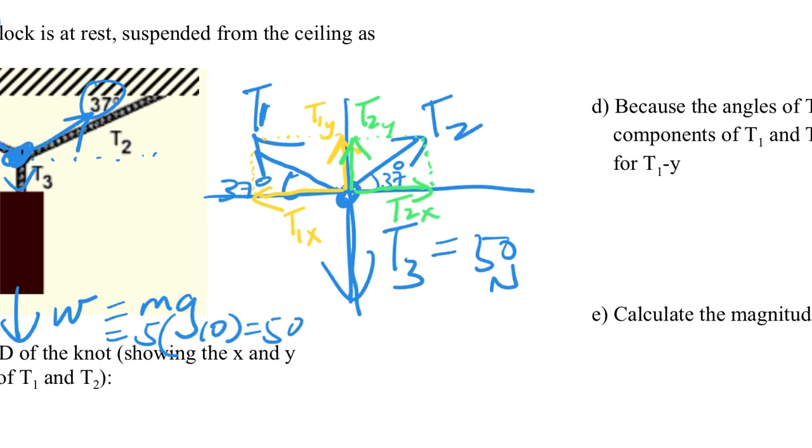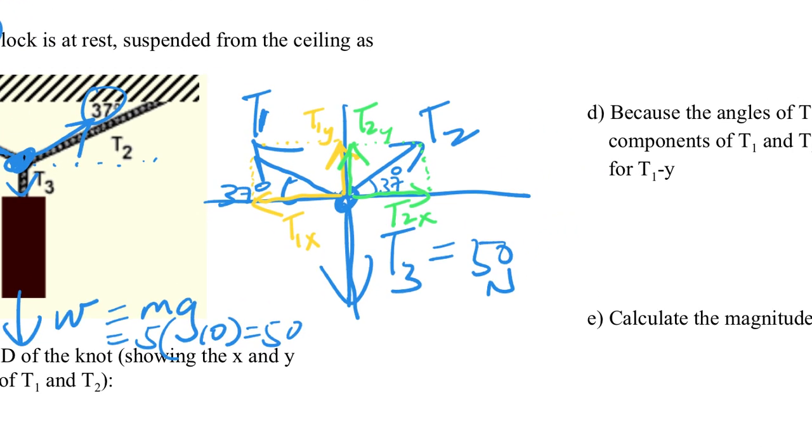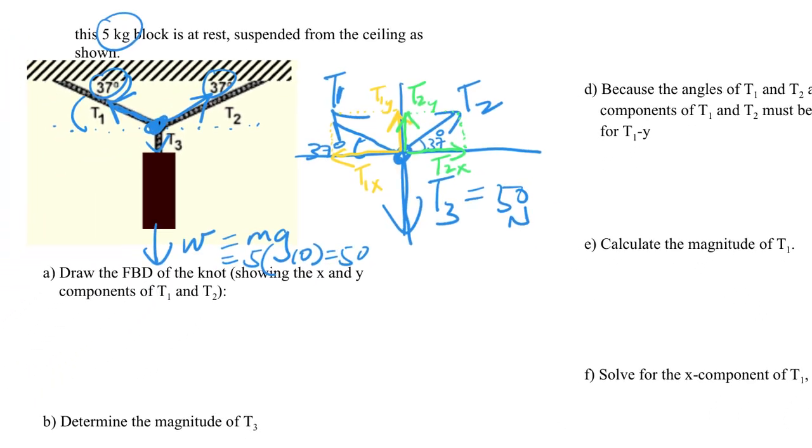Now, you should be able to see that because T1 equals T2 in magnitude, and they're the same angle, the y components of these two forces had to be identical, and the x components had to be identical.